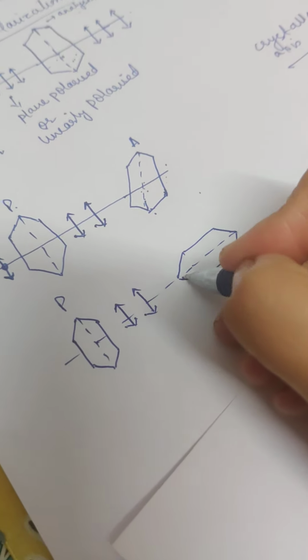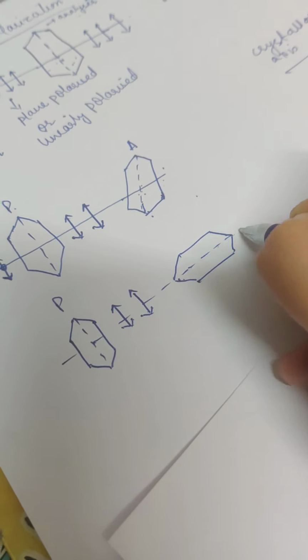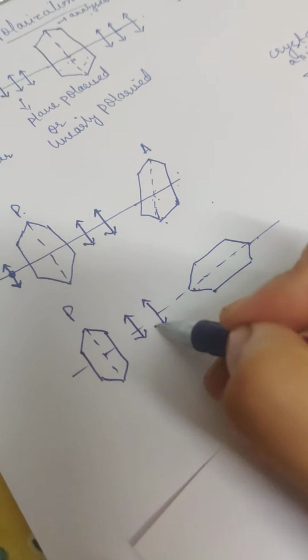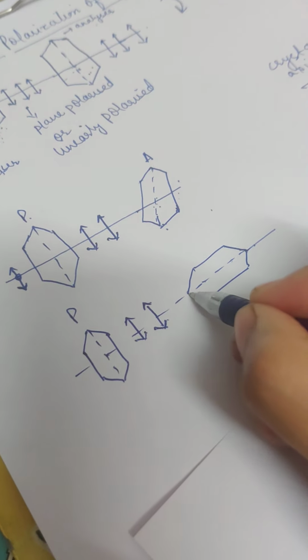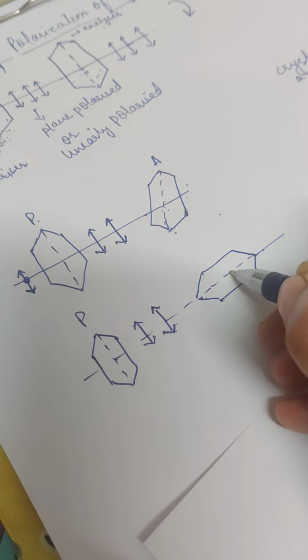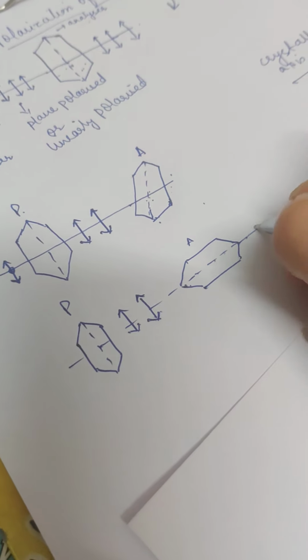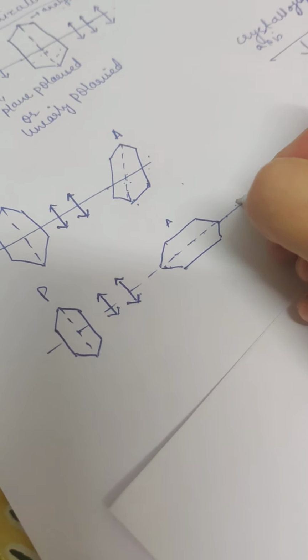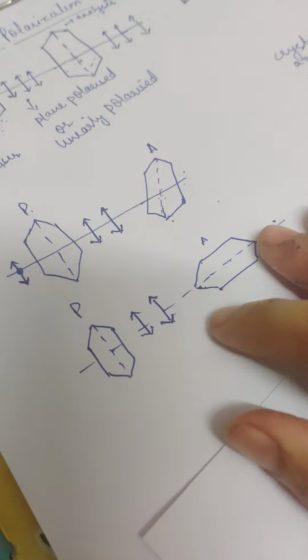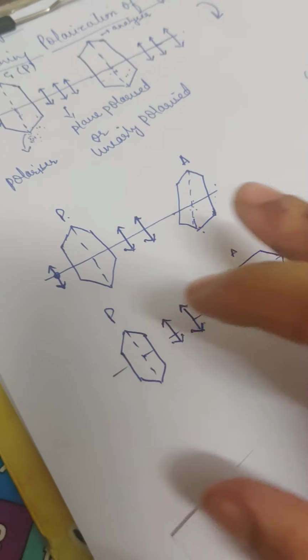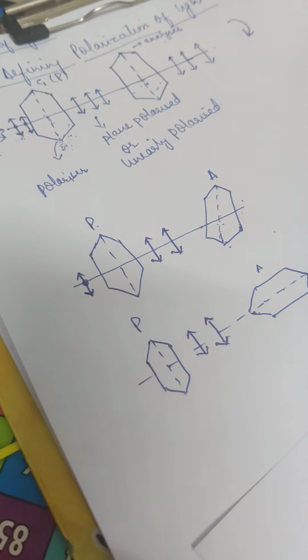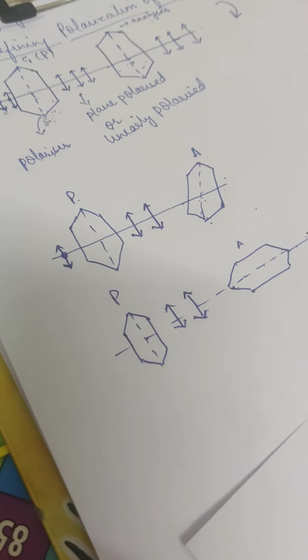We will see no vibration will pass through this analyzer, because the direction of this vibration is perpendicular to the axis of the analyzer. So we will not get any light here. It means our light is completely polarized. So this light is plane polarized. This is the experiment which shows whether our light is polarized or not.